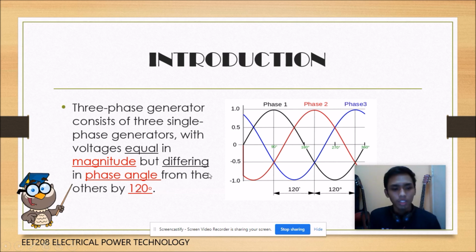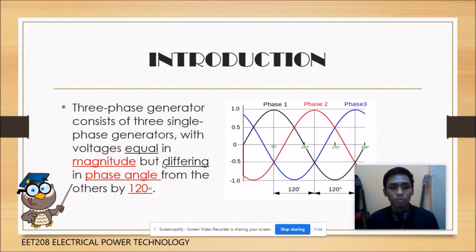This can be represented diagrammatically by the waveforms that we can see: phase 1, phase 2 and phase 3. In a three-phase 120-degree system, only three wires are required to transmit the power that would otherwise require six wires.